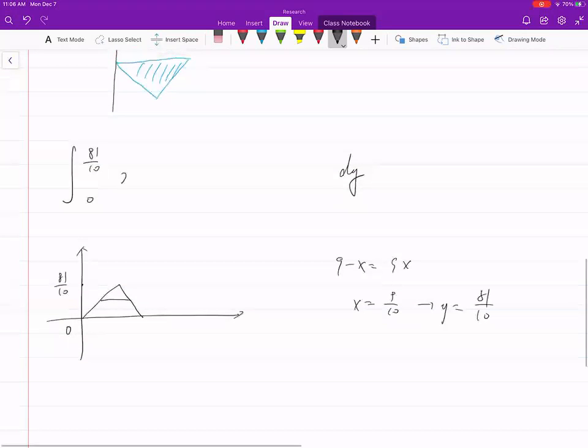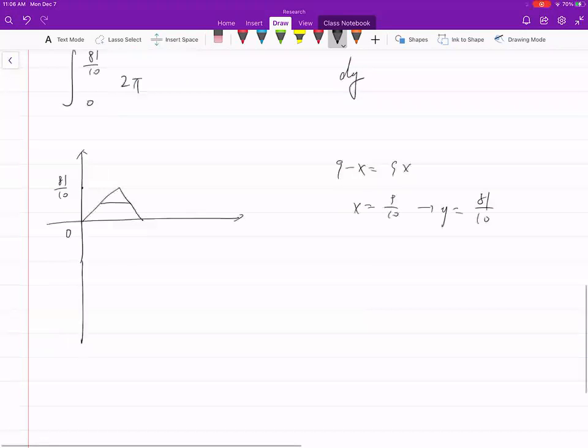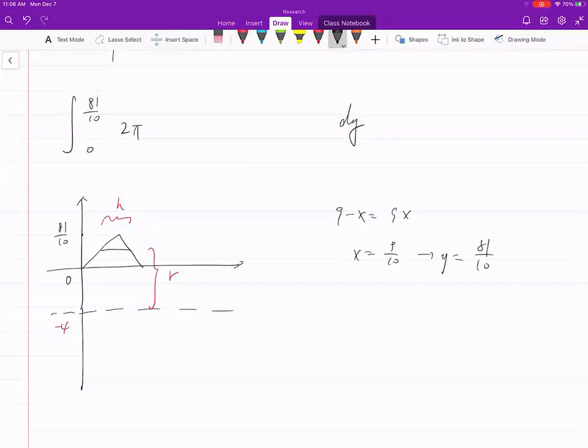Okay, 2 pi. Now you want r and h. Now to draw it, I think it's easy to see r is given by this and h is given by this. So r is easy. R is going to be y plus 4.